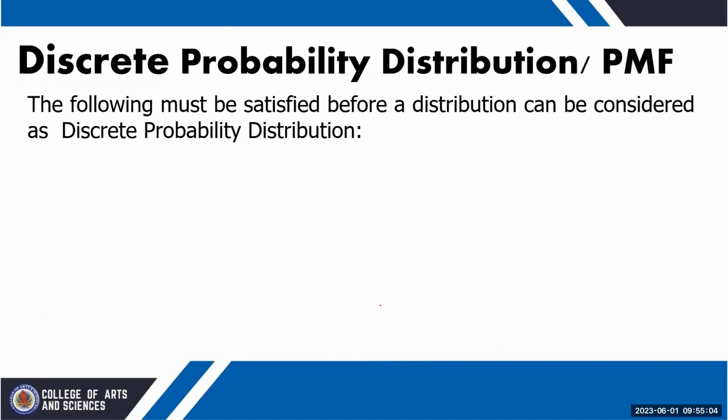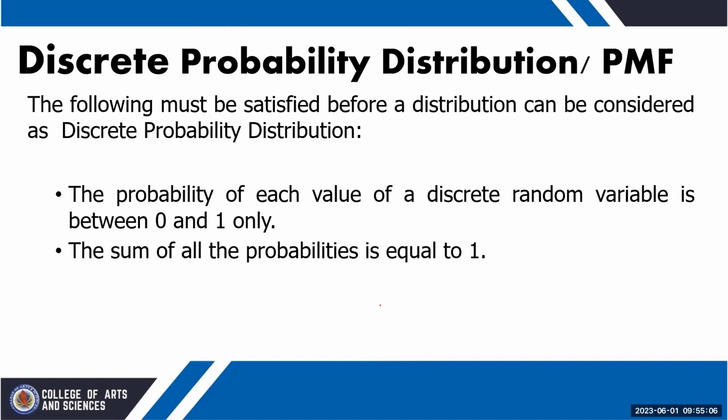Okay? Ngayon, paano ba natin makukuha? When we talk about PMF, you need to remember these two things. Okay? Unang-una is the probability should be between 0 and 1. Hindi kayo makakakuha ng probability na mas malaki sa 1. Hindi kayo makakakuha ng probability na mas maliit sa 0. It's always between 0 and 1.